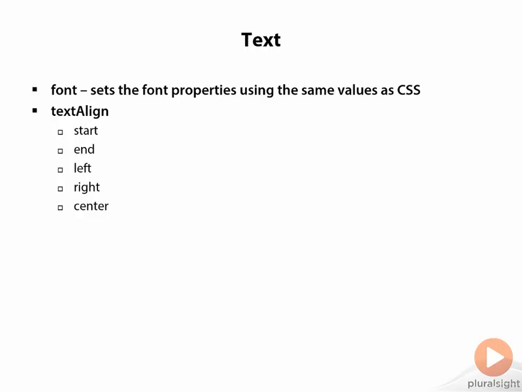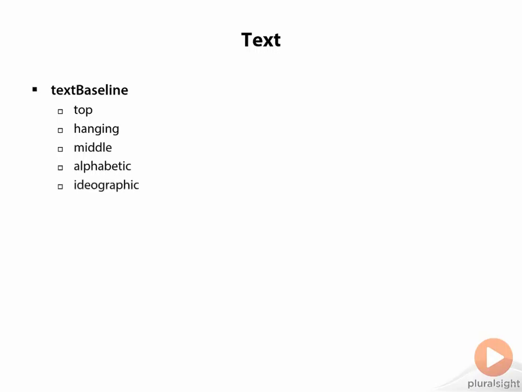In addition, when working with text, you can set up the baseline, that is the vertical alignment. That can be set to top or hanging or middle, alphabetic, or ideographic, or finally to the bottom.